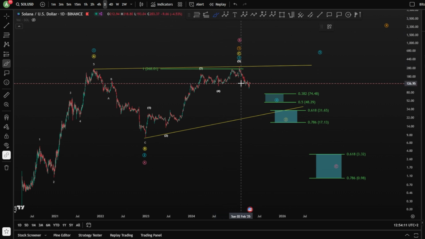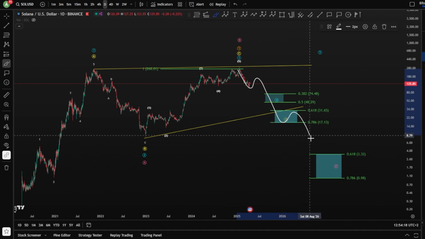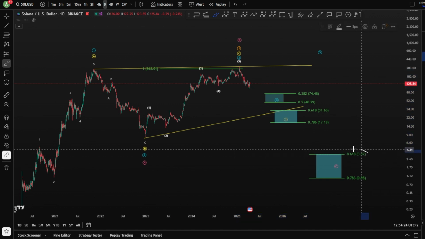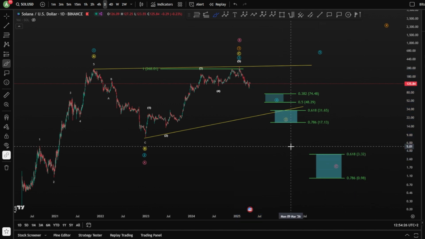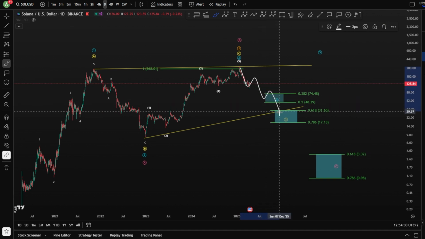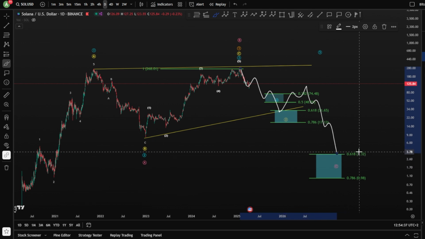Another ultimate bearish scenario is transforming this impulse into a wave 1, and then you get a wave 2, then 3, then 4, then a 5. And that can be a massive move toward the downside for Solana toward the $3, which is a very rare case scenario. However, even if it transforms into a slower impulse, it can be an A, a B, and a C, another impulse toward the downside, which can still hit the 0.618.